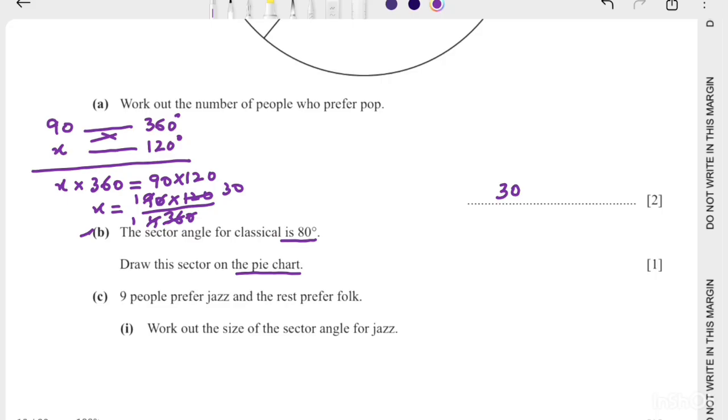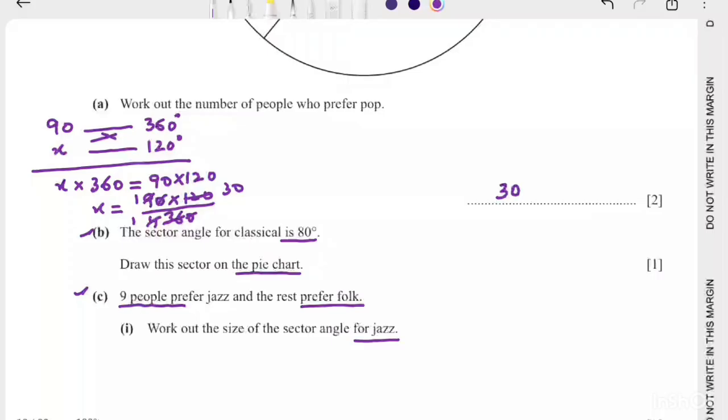Now next part, 9 people prefer jazz and the rest prefer folk. Work out the size of the sector angle for jazz.